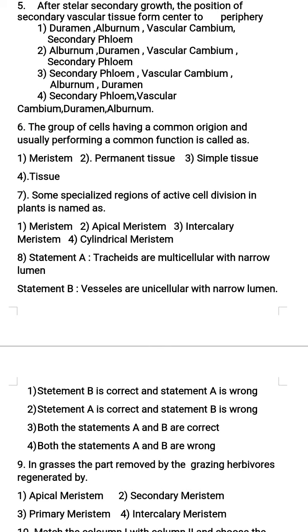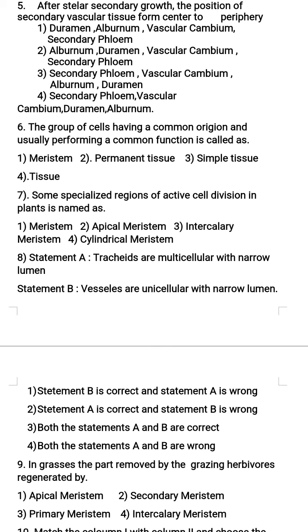So now let's see the explanation for this question. You know, in previous classes we had a discussion about this concept in detail. Let's discuss once again about this concept. Generally, plants and animals are made up of a number of cells.